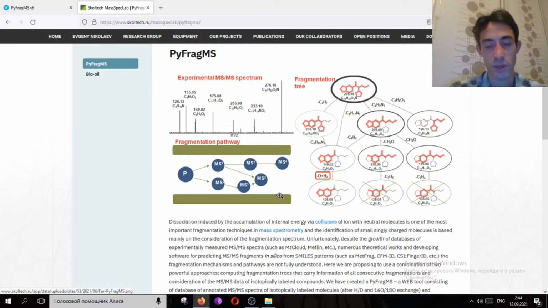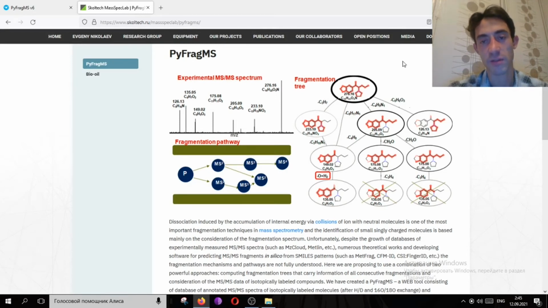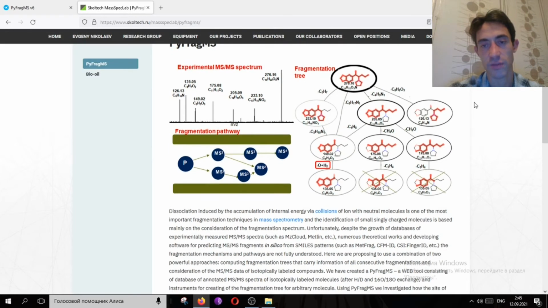But since we cannot remove such ions from the interfaces of ion optics, we are recording all of them, and in this mass spectrum we do not know which ions correspond to which number of fragmentations. And a fragmentation tree is a directed graph that carries information of such consecutive fragmentation.